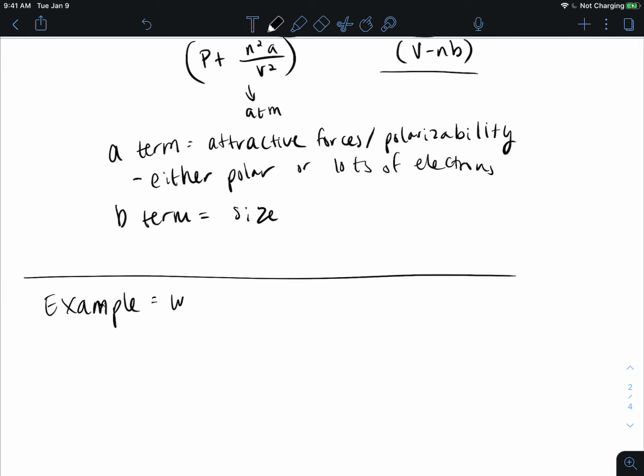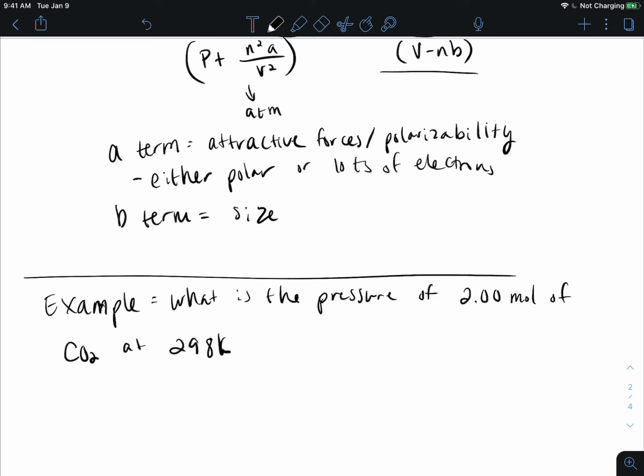So what is the pressure of 2.00 moles of carbon dioxide at 298 Kelvin in a 5.00 liter container, assuming real gas behavior?